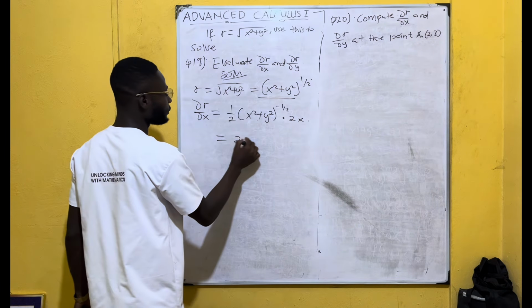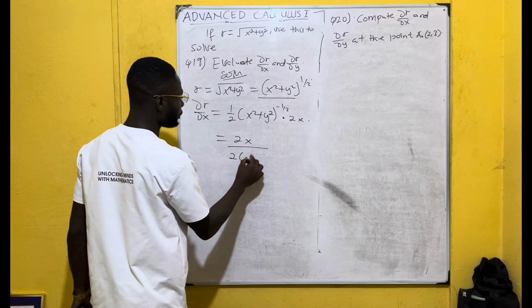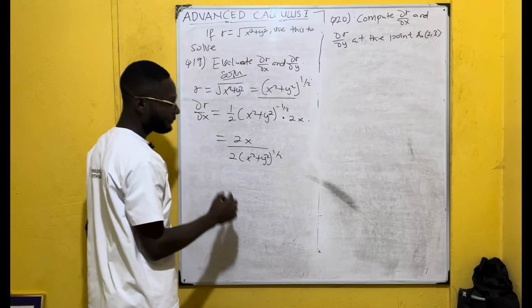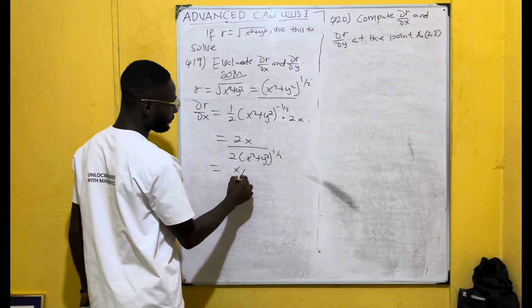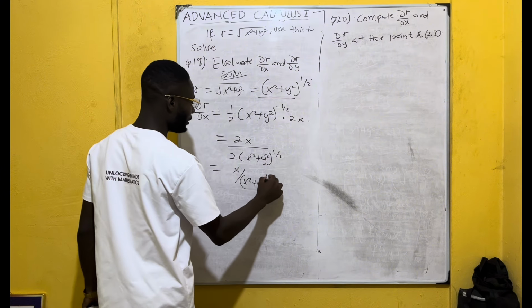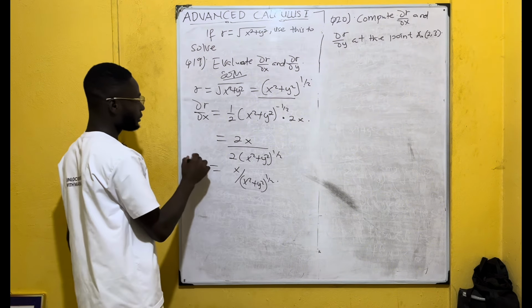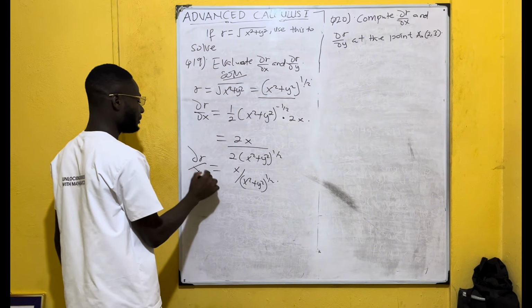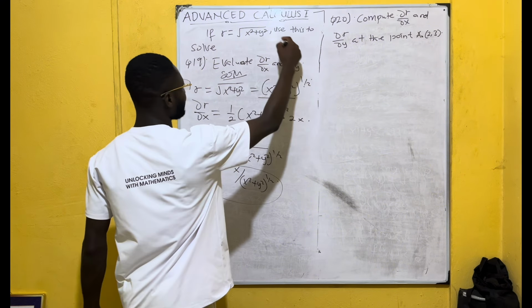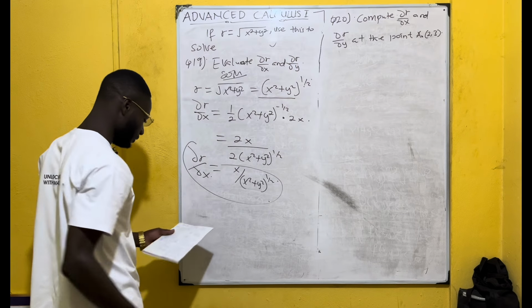So basically you have 2x divided by 2 times x squared plus y squared to the power half. So this gives us x over x squared plus y squared to the power half. So that is the partial with respect to x from the problem given R. So this is the result.